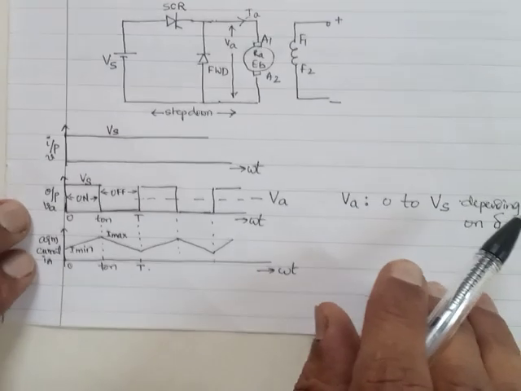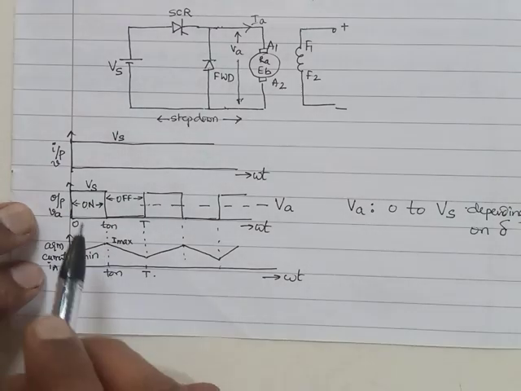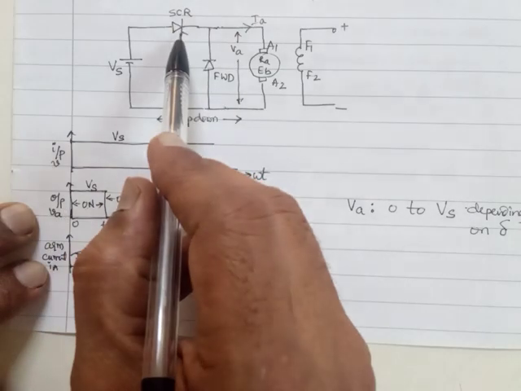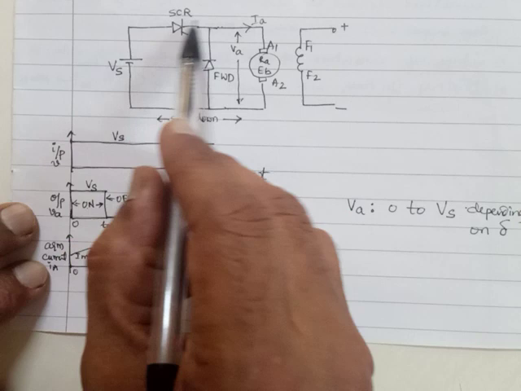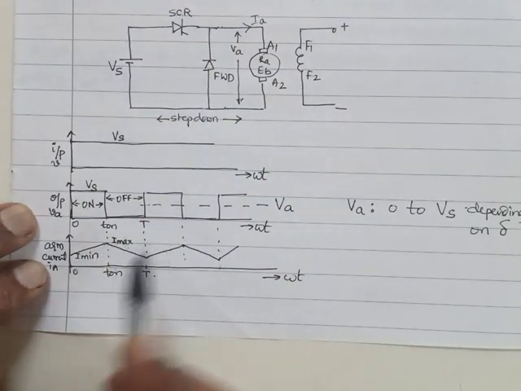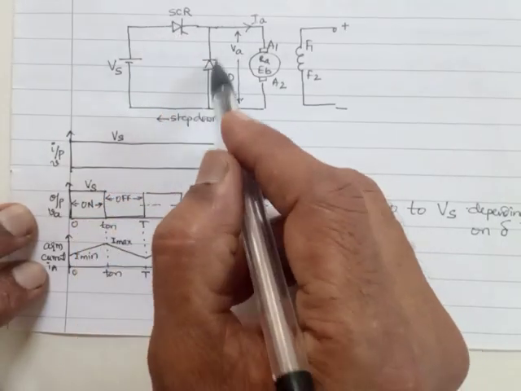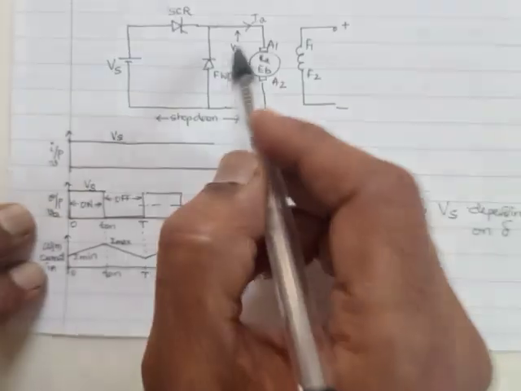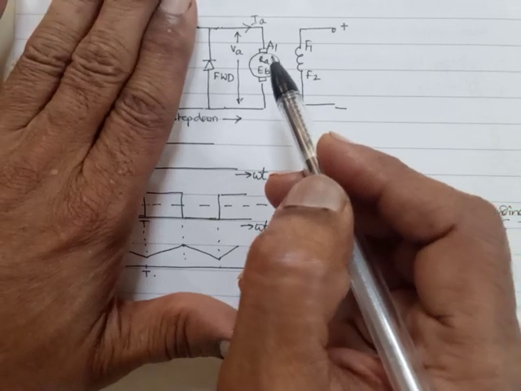Good. So now look at this, little interesting. When it is on time, SCR conducts, current will flow from this DC source into the armature and current rises. At this instant, we stop SCR, the freewheeling diode starts conducting. When the freewheeling diode starts conducting, the current will still flow in the armature, but it is not from the supply.